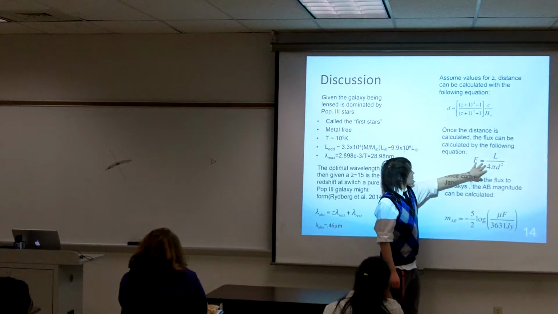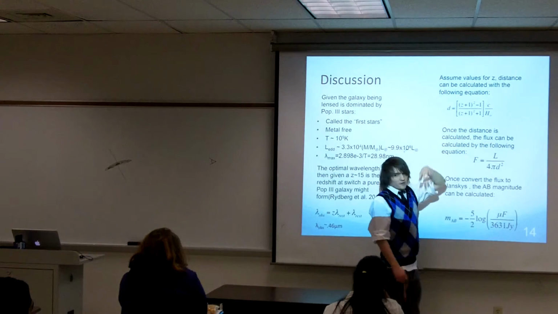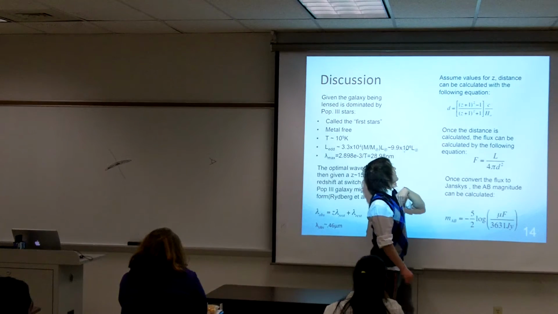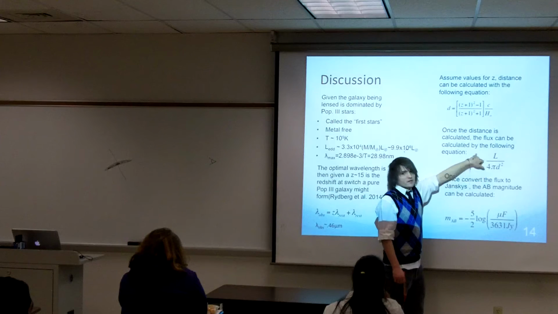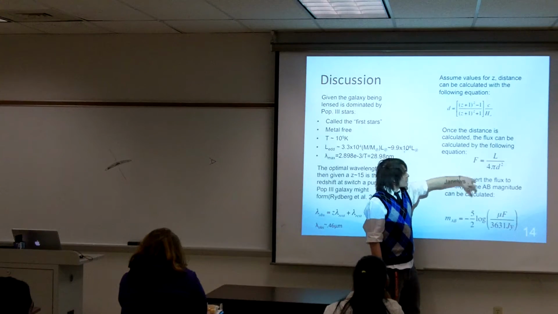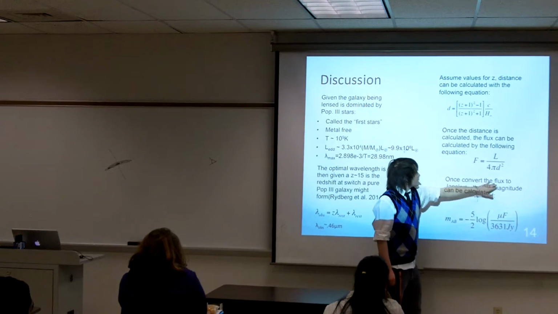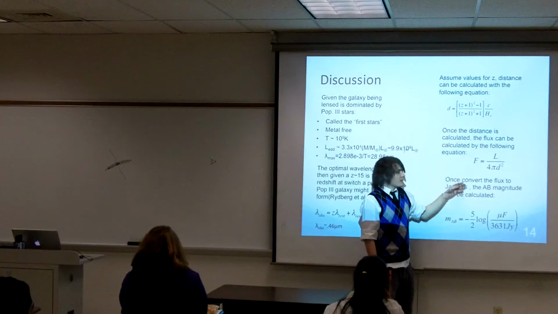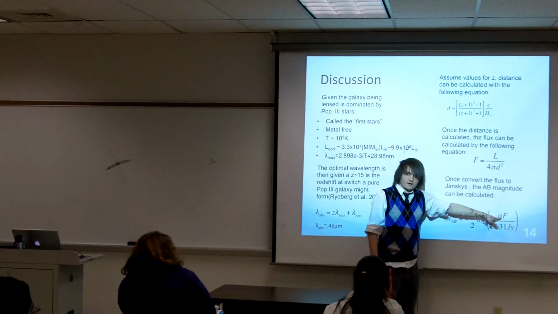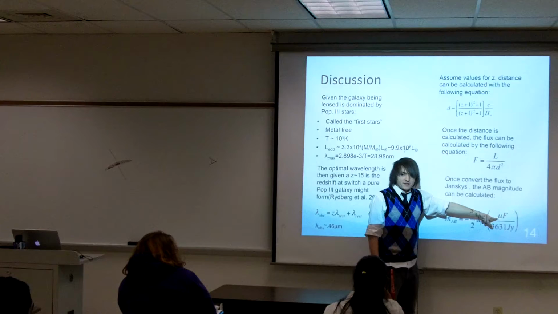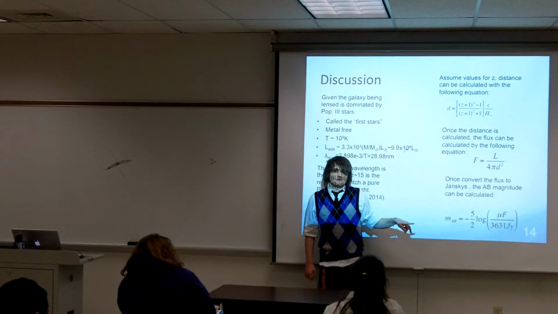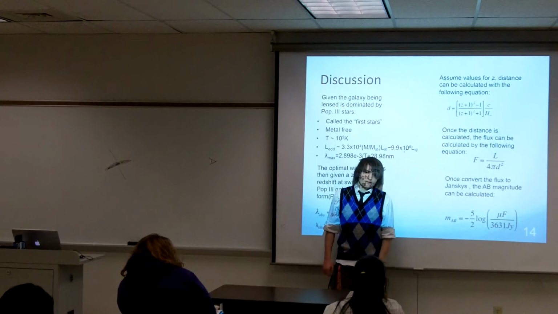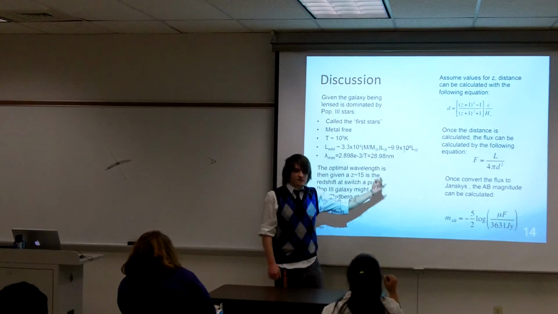After converting, because when I first tried to do it, I started with SI units, and so I found a flux in SI, and then I tried to convert this flux to the flux in Janskys, and then you just plug this F into here, and then for a given luminosity of a galaxy, you could find the AB magnitude. So it's just a matter of substitution.